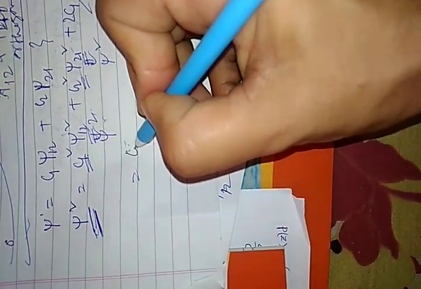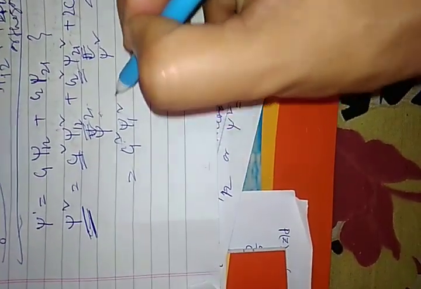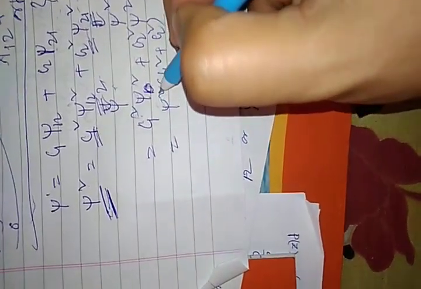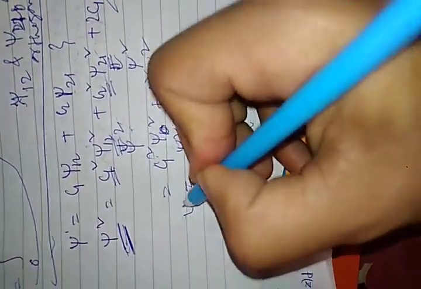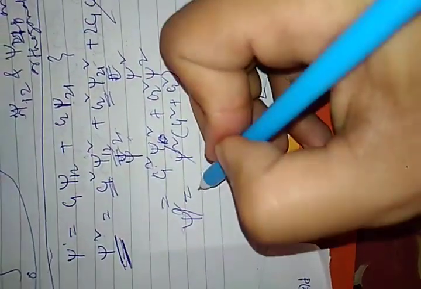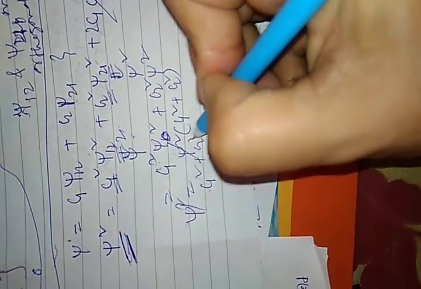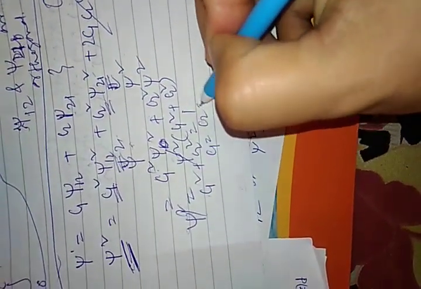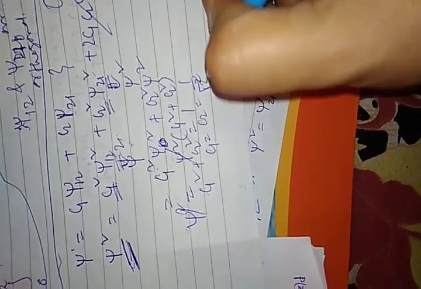So I can write psi square times c1 square plus c2 square, which equals psi square, so psi square goes out and c1 square plus c2 square equals 1. That means c1 equals c2 equals 1 by root 2. That is one case. So this is the general formula we have.